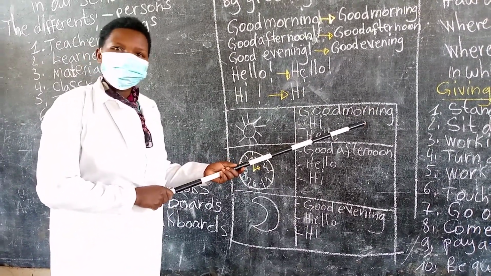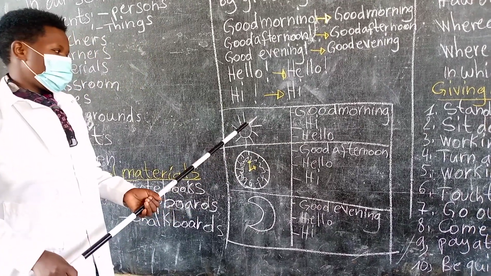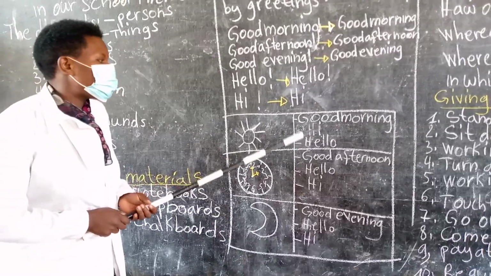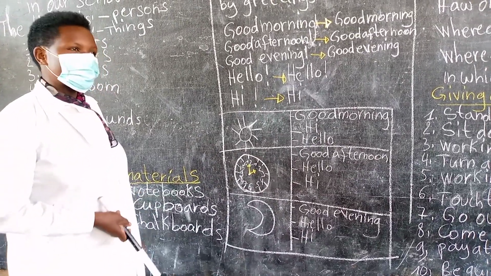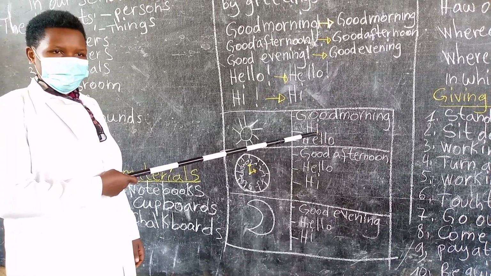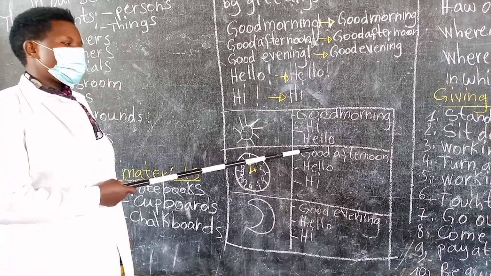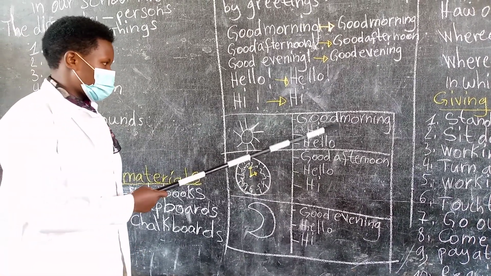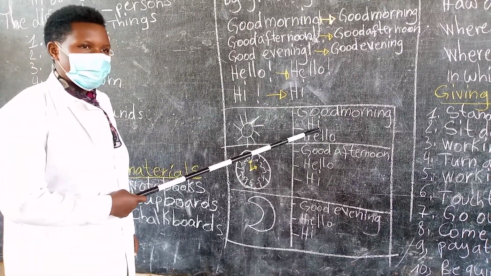We say good morning when we are in the morning. And the other greetings that you may use in the morning, you have to say hi or hello. All these greetings can be used in the morning.